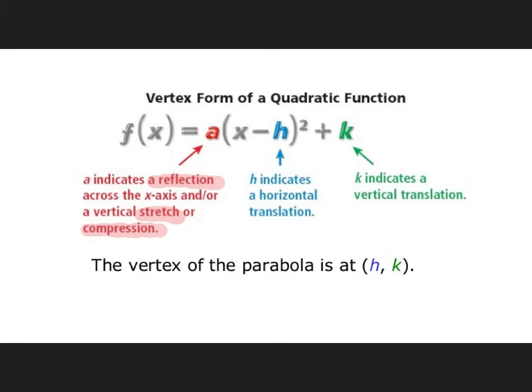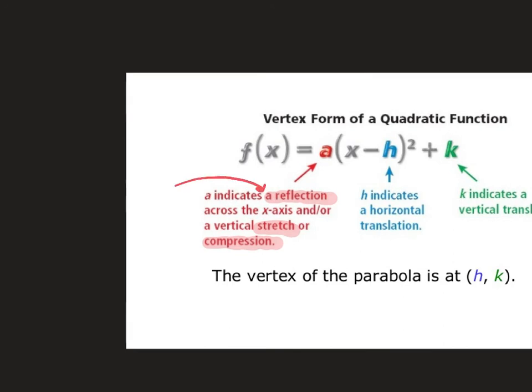If A is negative, we have a reflection. So if there's a negative sign in front of the A, we have a reflection. That means we take our smiley face parabola and flip it upside down. So this is a reflection.